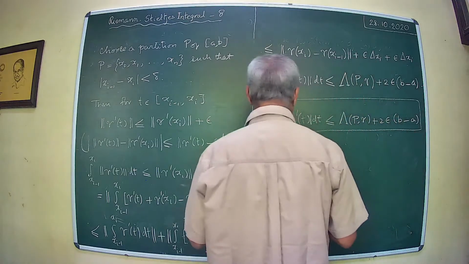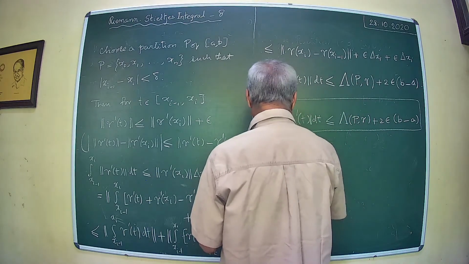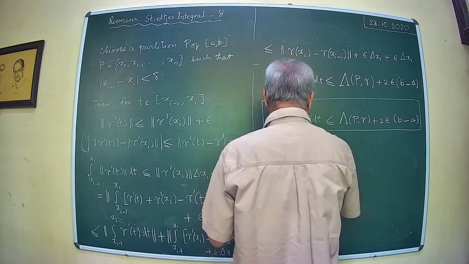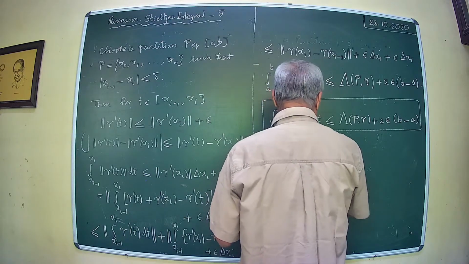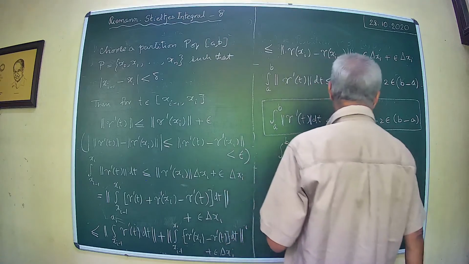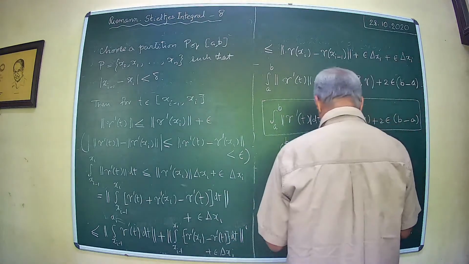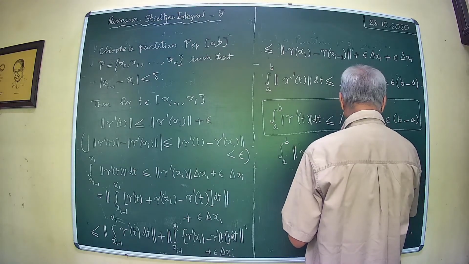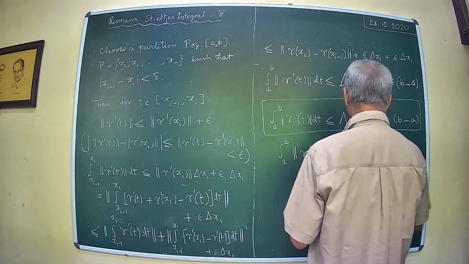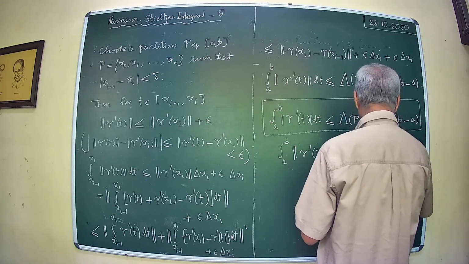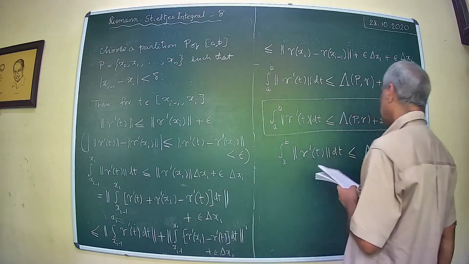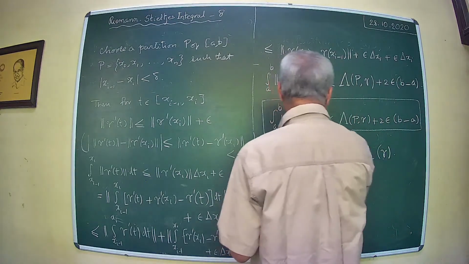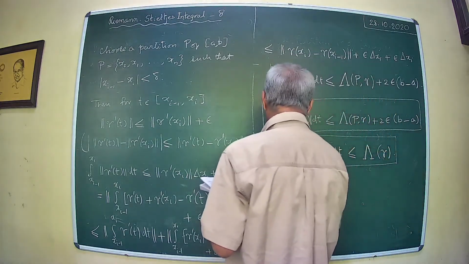So you get this is less than or equal to, that is the integral from a to b of the norm of gamma prime t dt is less than or equal to, you take over all partitions, then this is, so we get the second inequality in the reverse order.